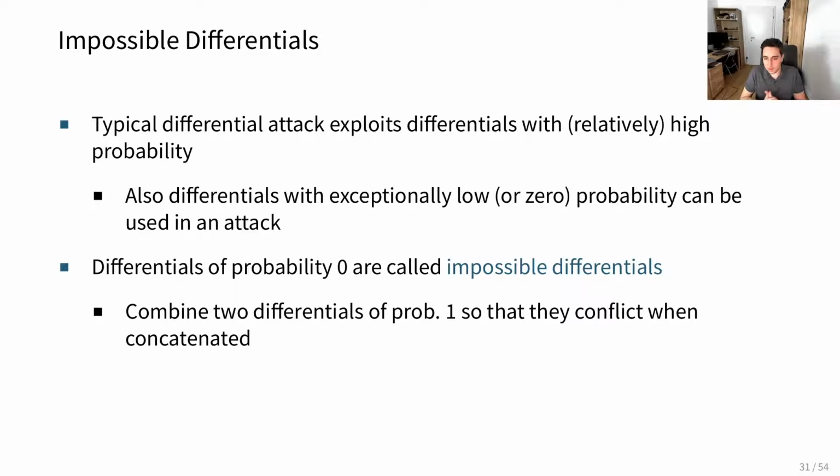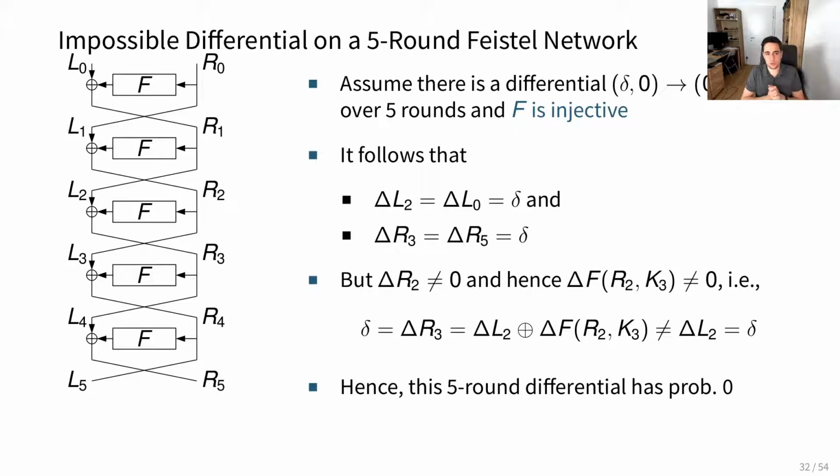And the idea is essentially that we combine two differentials which have a probability 1, so that they have some contradiction in the middle, so they conflict when they meet together. We will also see this here in our approach, so I will go through this step by step.